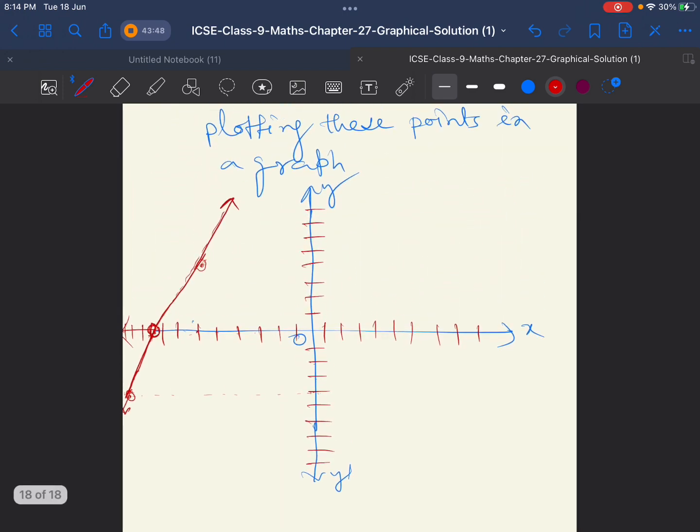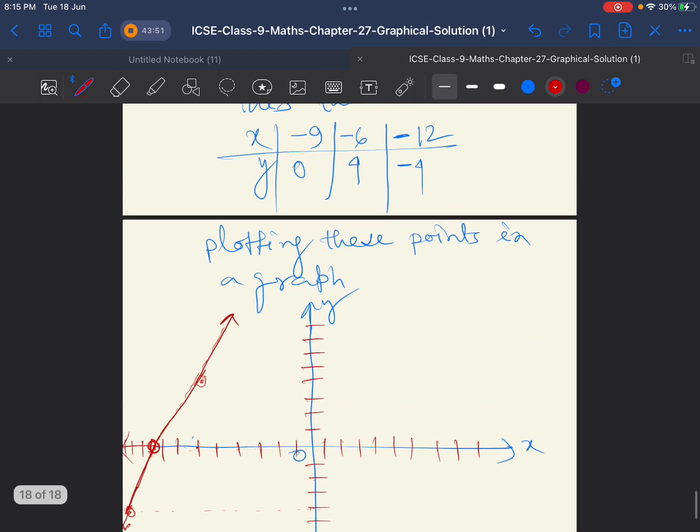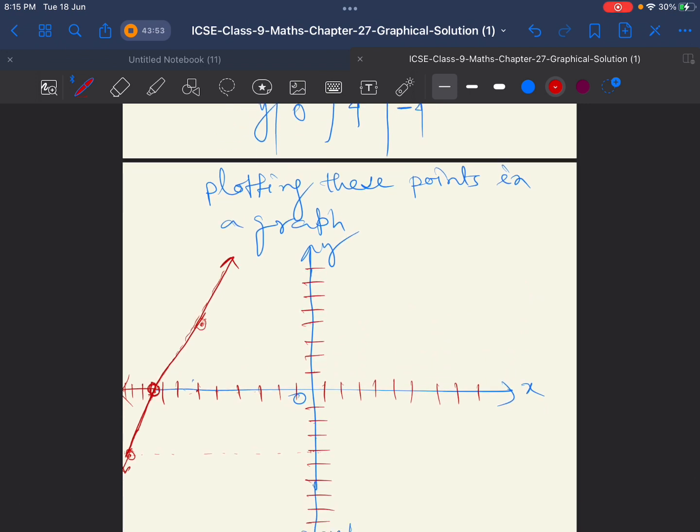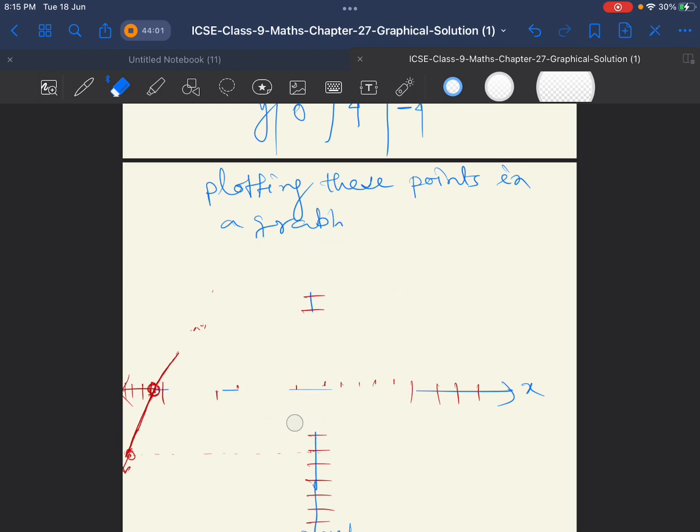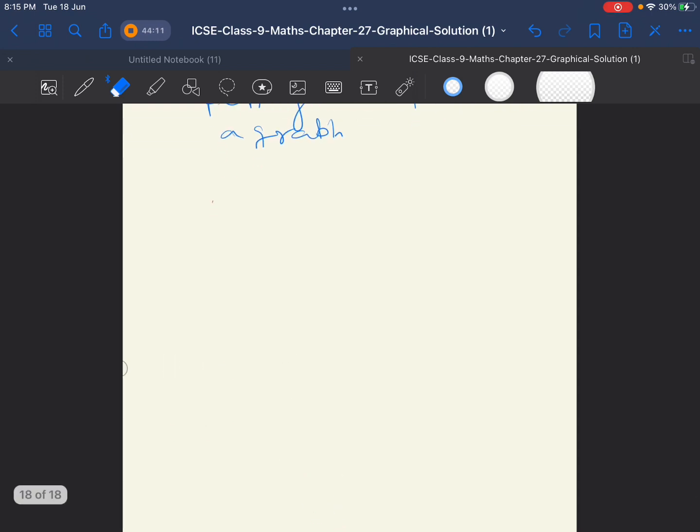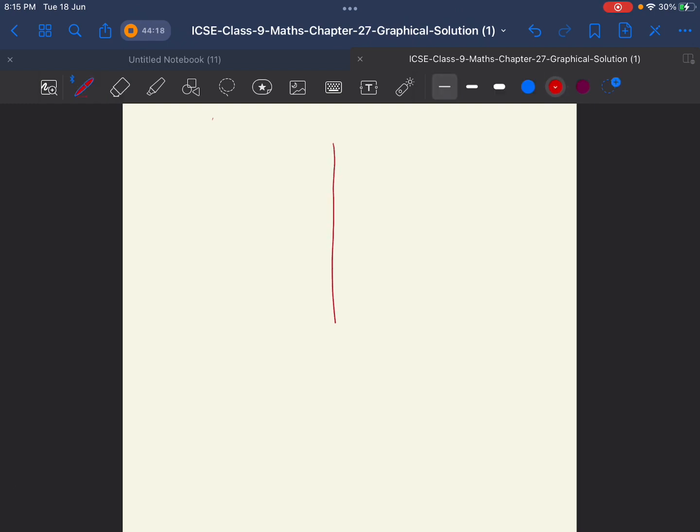So question number 4. No, in this question also I have another question. Sorry, first we will take a weak graph.